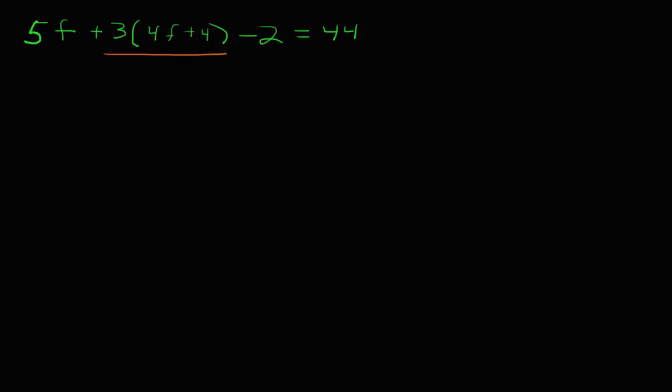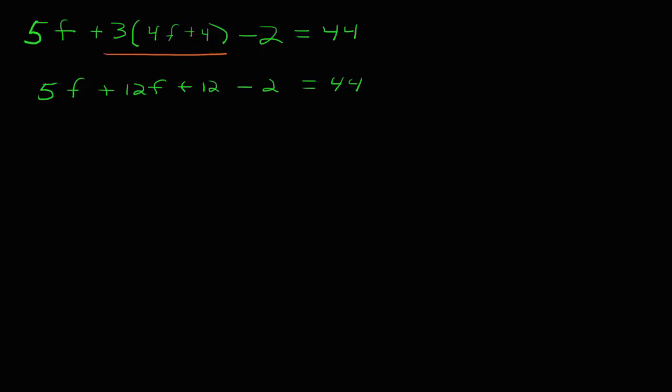We're going to take the number and its sign, and multiply the number 3 by everything on the inside of the parentheses, in this case 4f + 4. When we do that, we get 5f, which didn't change, plus 3 times 4f is 12f, 3 times 4 is 12, minus 2 didn't change, and that's still equal to 44.